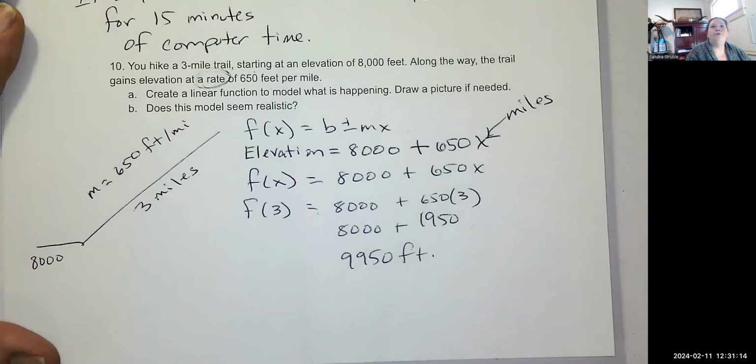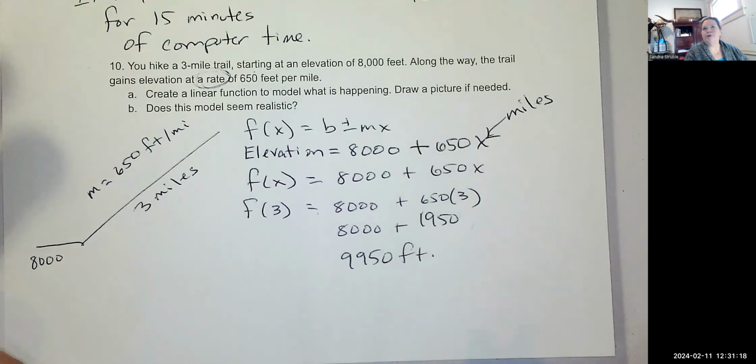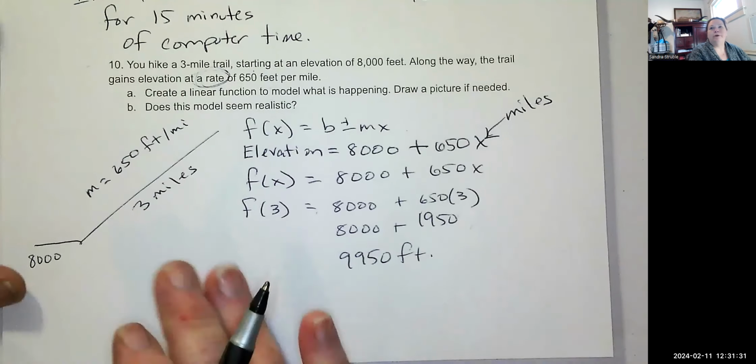So it asked, does this model seem realistic? I'm not going to ask that question for something like this because you have to have knowledge of how high 9,950 feet is. So it doesn't make sense to ask you that question regarding this one.